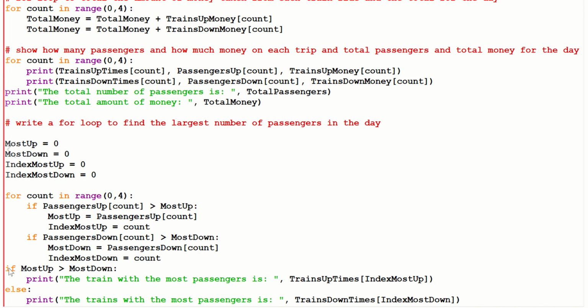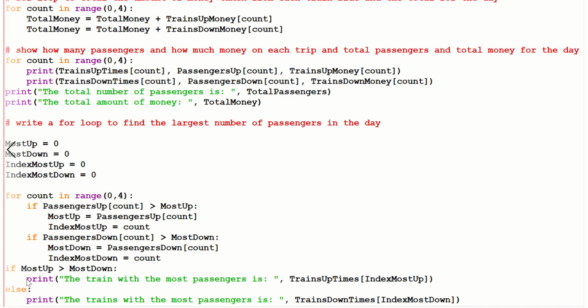Okay, if most up is more than most down, print the chain with the most passengers is this, chains up times index most up, where this is the index most up.